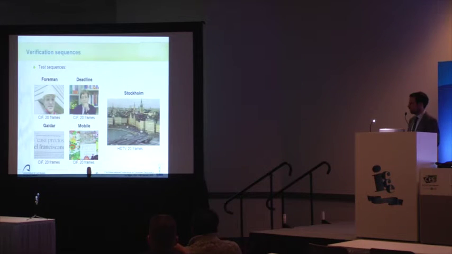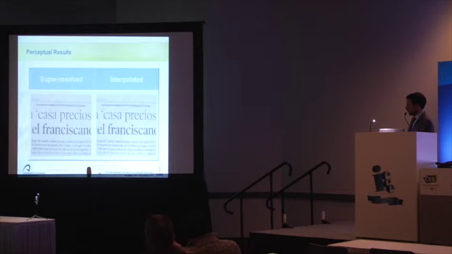We test the algorithm with several sequences. These are typical consumer electronics sequences, okay? Many of them with the common intermediate format, and we also applied some cases with high definition television. These are the results. Here you can see clearly the improvement, okay?